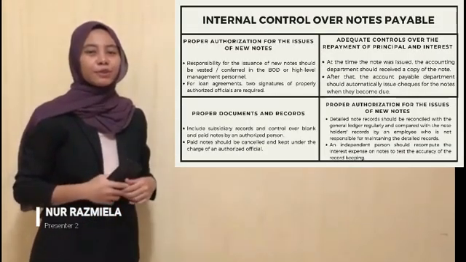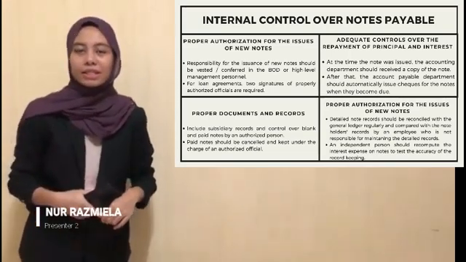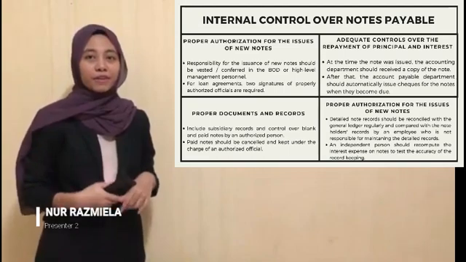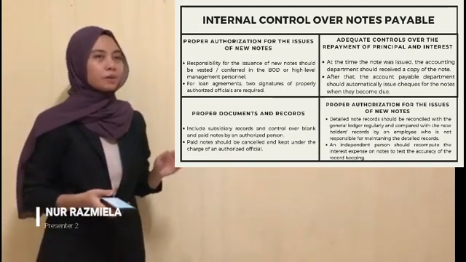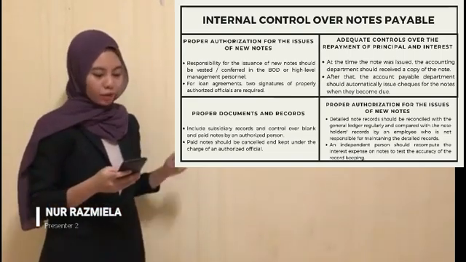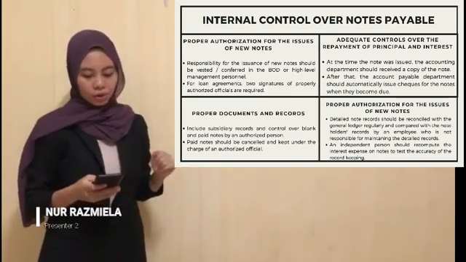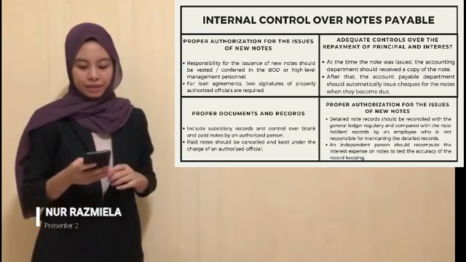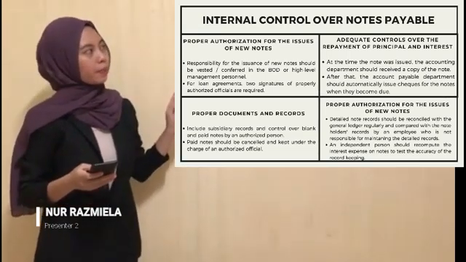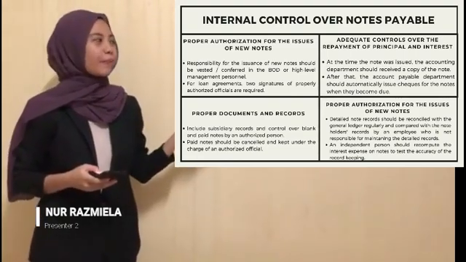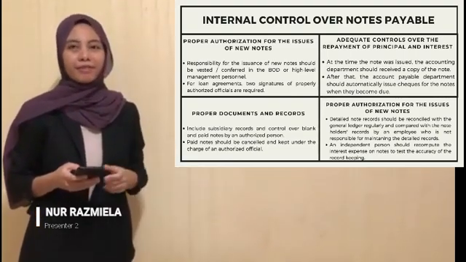Next, we're going to move to internal control, which covers the four important controls over notes payable. The first control is the proper authorization for the issuance of new notes. The second is adequate controls over the repayment of principal and interest. The third is proper documents and records. And the last one is periodic independent verification.